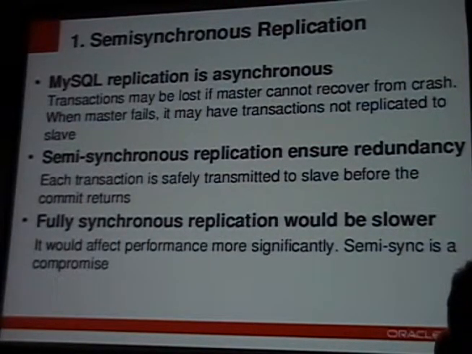So even if you don't get it to the slave, it still exists on the master. You don't get the commit back, but you executed it on the master. So there is a small window where you could have it only on the master. What it ensures is that when you get the response from the commit, then you know that it has been replicated to the slave. But there are some failure scenarios where you still have it only on the master, in case the slave has failed.